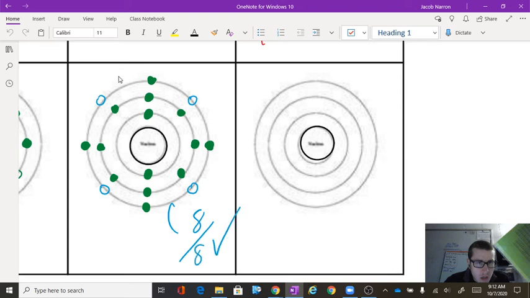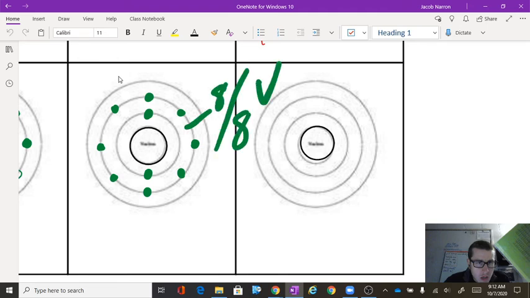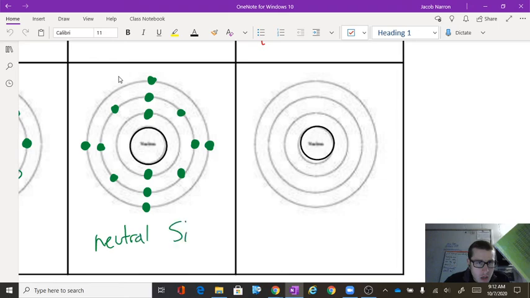But I could also lose 4, because if I lose 1, 2, 3, 4 on the outer shell, now we're at 8 out of 8. We're good. So you could do either. That's why this one's kind of special. I'm just going to leave it like that because that's the neutral silicon, not the charged version.